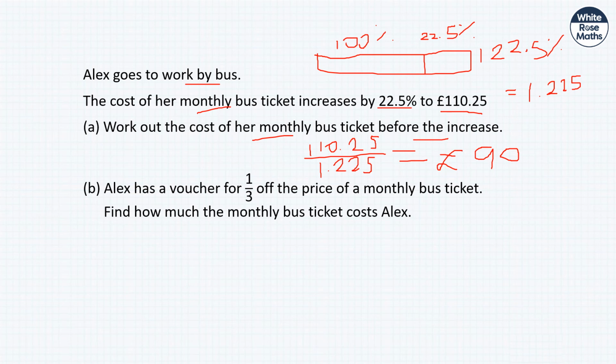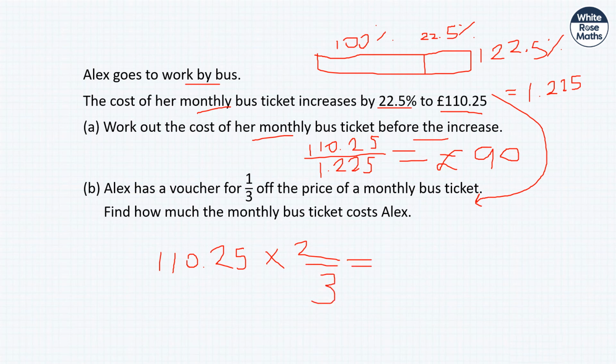For part B, Alex has a voucher for 1/3 of the price of the monthly bus ticket. So again, he's thinking about this number here. Find how much Alex's monthly bus ticket costs. So it's 1/3 off of this, so essentially I'm going to be multiplying this number by 2/3.